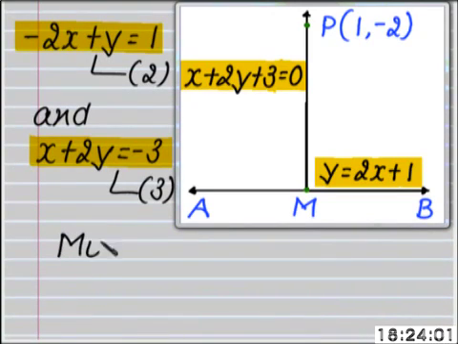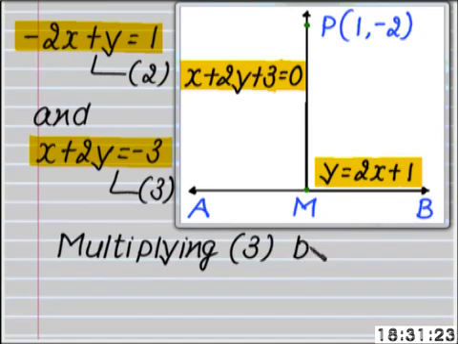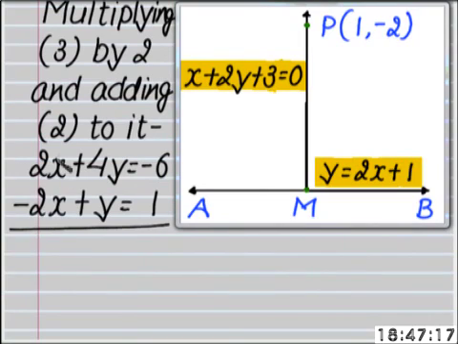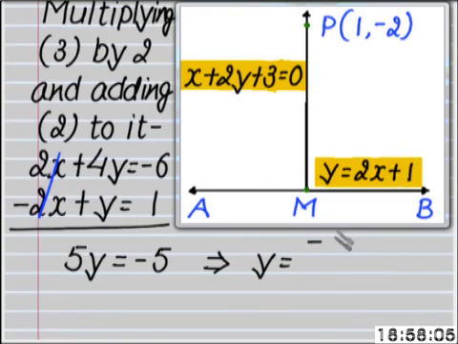Now multiplying equation number 3 by 2 and adding equation number 2 to it, we get 5y is equal to minus 5 implies that y is equal to minus 5 upon 5.